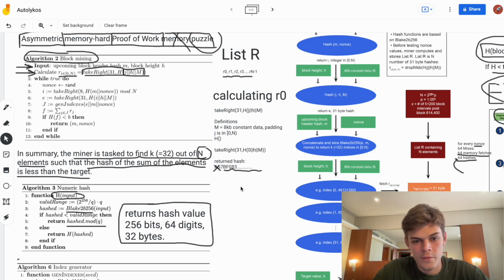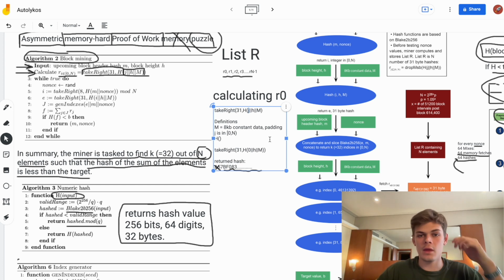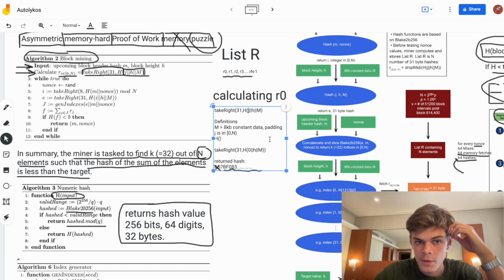And then we have the take write function, which cuts off the byte on the left-hand side and returns the remaining bytes. So now we can see what each of these values are: R0, R1, R2, R3, until Rn minus 1. We just keep doing this, and all that's happening is j is going from 0 to 1 to 2 to 3 to 4 for all of the R values. That should make sense, right?